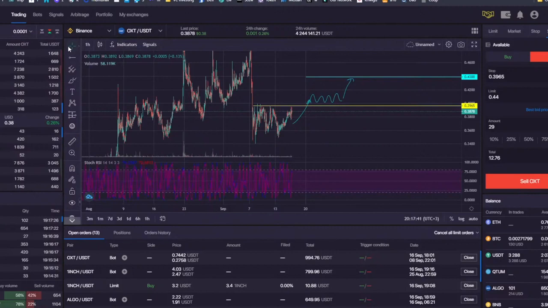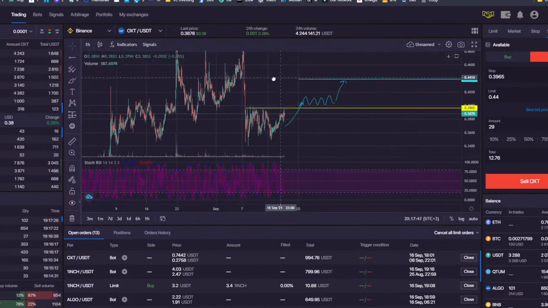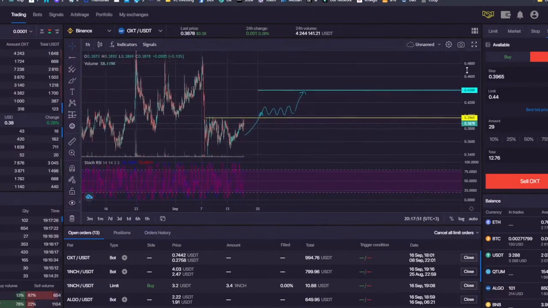You can play with this order in any way you want, and you can combine it with some other orders as well. So for example, you can even set a stop loss in advance for this stop limit sell order. You can set stop limit buy in that case, for example.